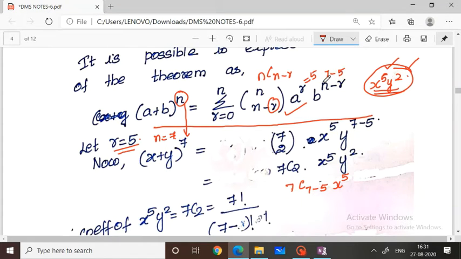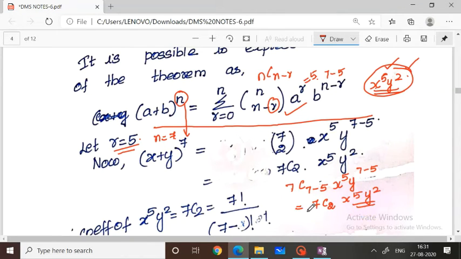Is it clear? It is fine if we clear that at the start. Only if we give r equal to 5 will we get x raised to 5 y square. So here we get 7c2 x raised to 5 into y raised to 2.